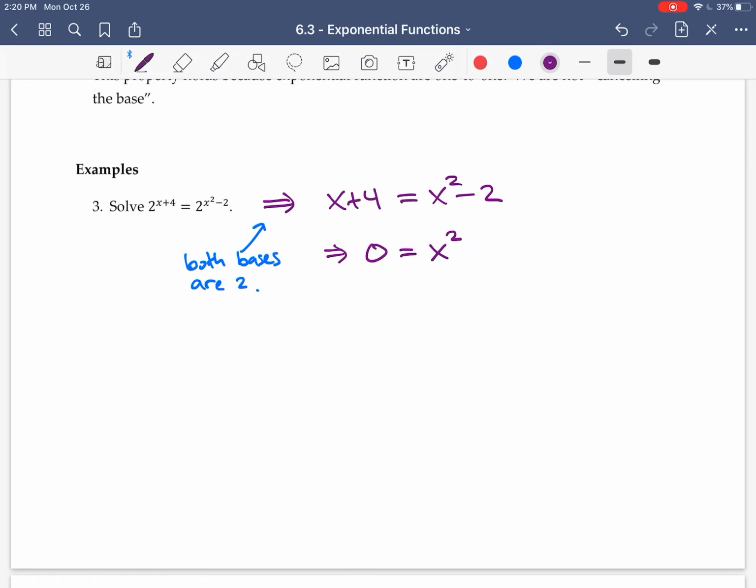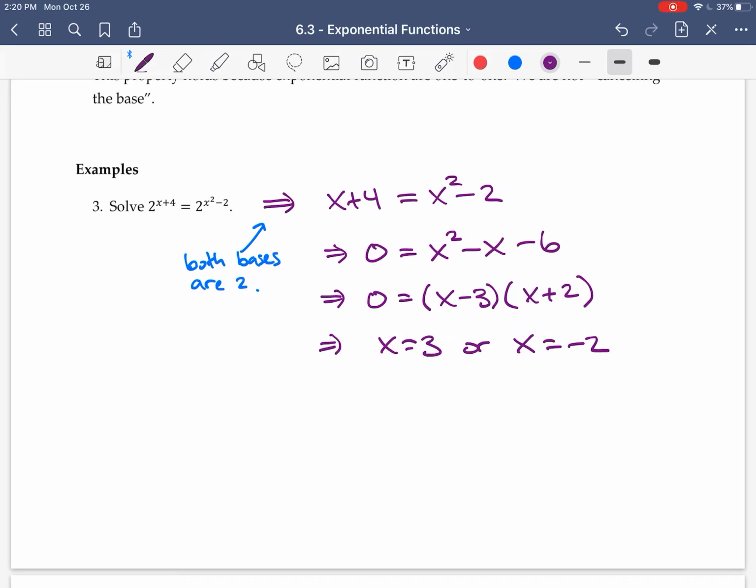So it's going to be x squared minus x minus 6 equals 0, and then I can factor that. So it's going to be x minus 3 times x plus 2, which means that x is going to be 3 or x is going to be negative 2. Okay, so those are my solutions. Now let's check.